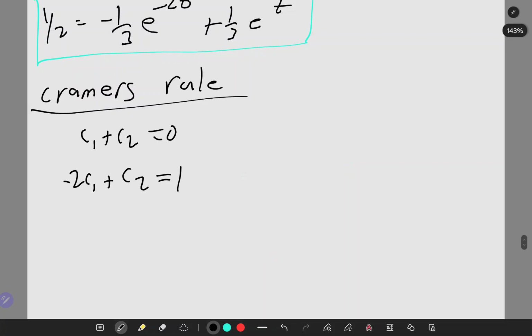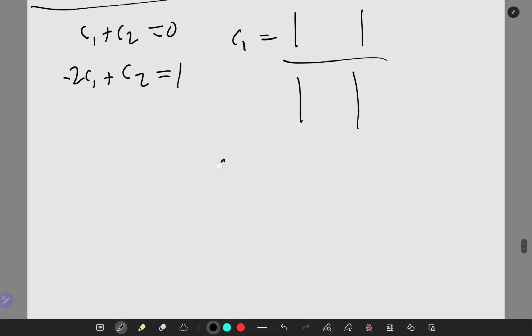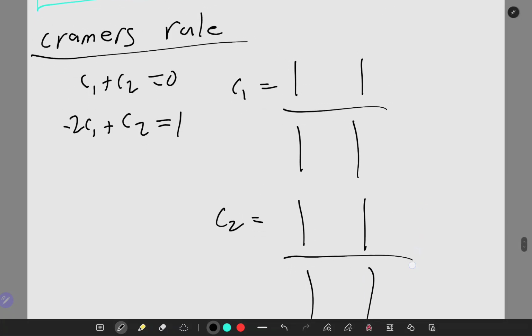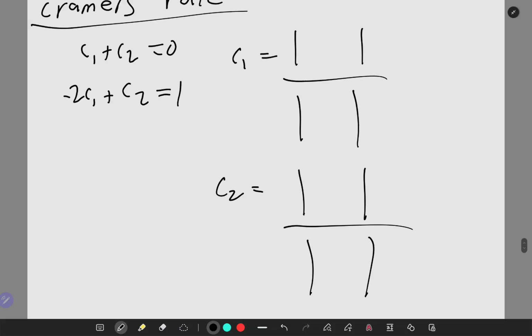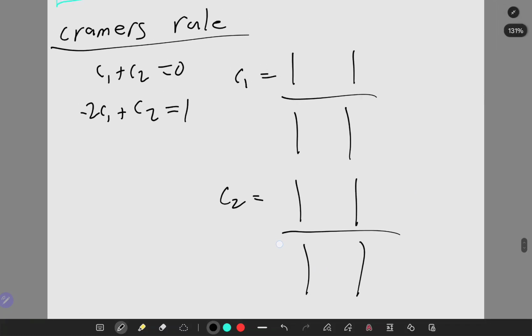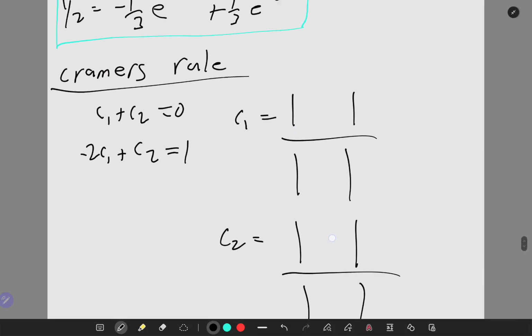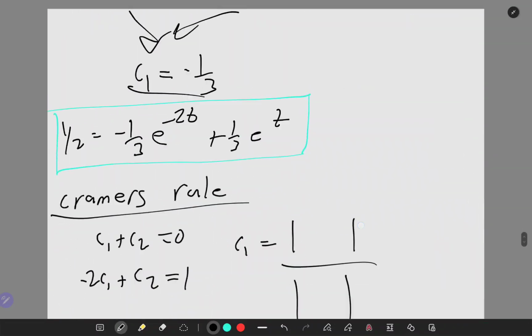So for Cramer's rule, to solve for c1, remember it's a determinant over a determinant, and for c2, it's a determinant over a determinant. Now Cramer's rule is pretty fast. Once you get the hang of it, you can do it really fast. But you see how substitution's really easy though.